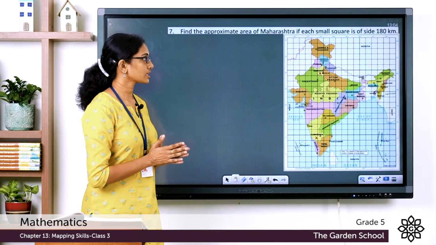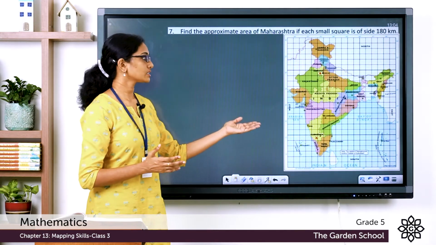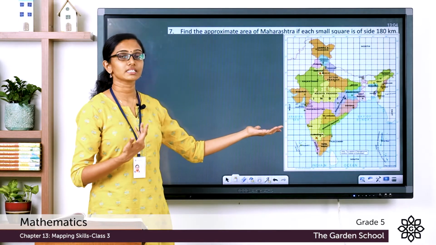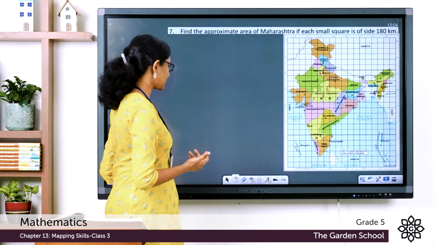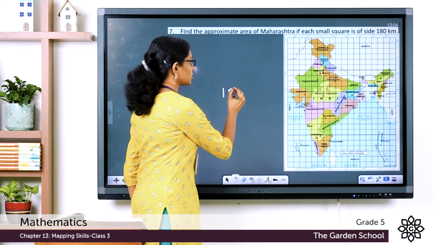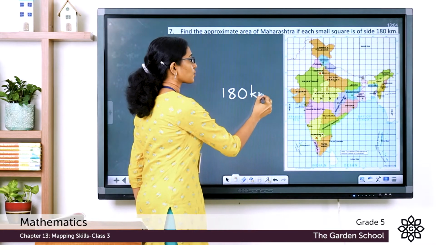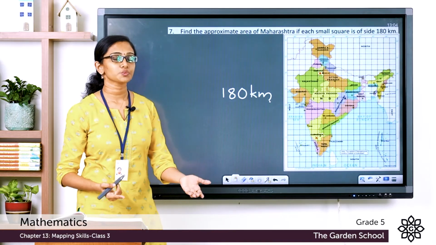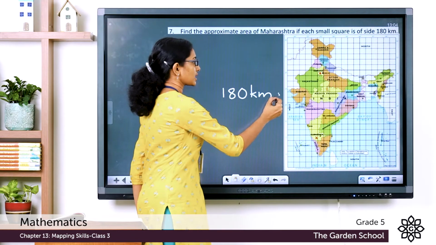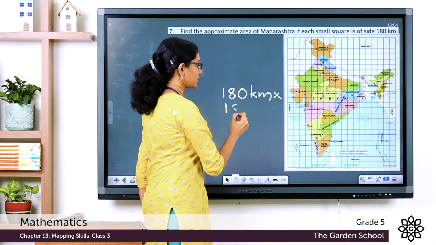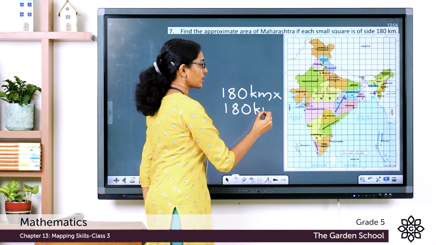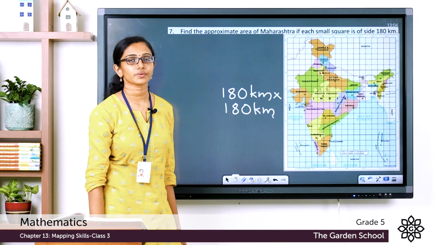Now, here each small square represents a side of 180 kilometers. So, what would be the area of each small square? The area of each small square will be side into side or 180 kilometers into 180 kilometers.